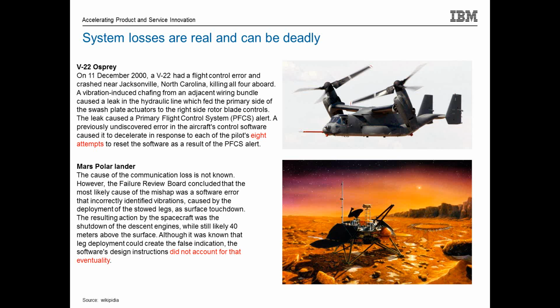The software was written to detect vibration and interpret it as landing. So in this case, nothing failed per se. Everything worked as designed. This was really a situation where we had two systems interacting inappropriately.